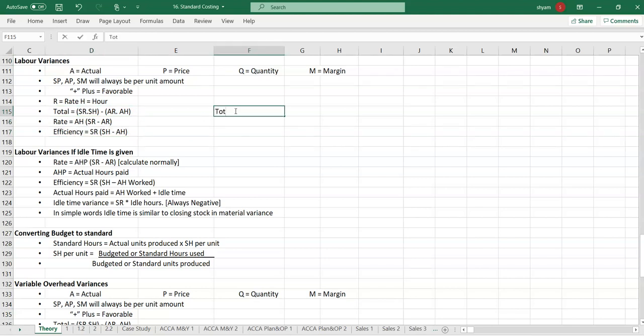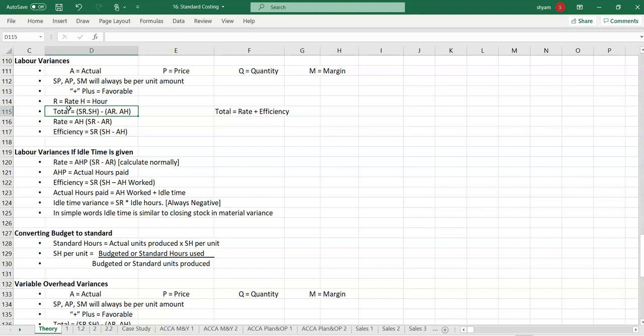Total is nothing but rate plus efficiency. So you add these two together, and the answer of all these will be this.